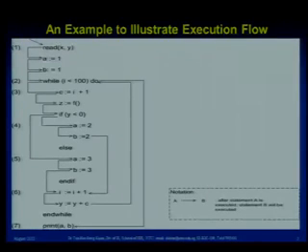In case some of you are quite unfamiliar with code, this slide is to show you how a piece of code is executed, because later when we identify basic blocks, we need to have this knowledge.